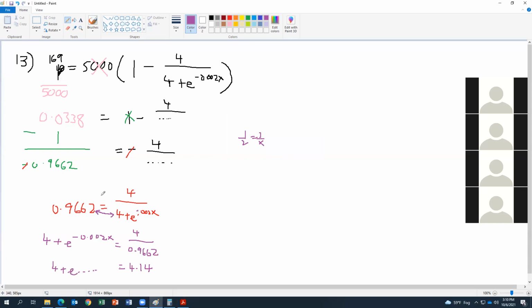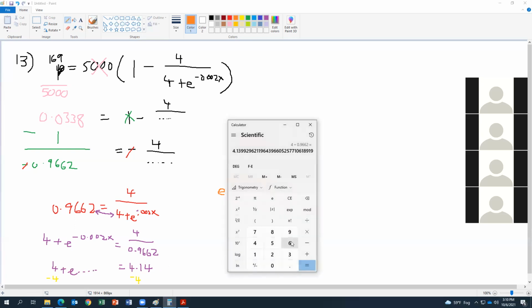Next, in order to get rid of the 4, I will subtract 4. So what I get is e to the negative 0.002x equals 0.14, which is close to 0.14.